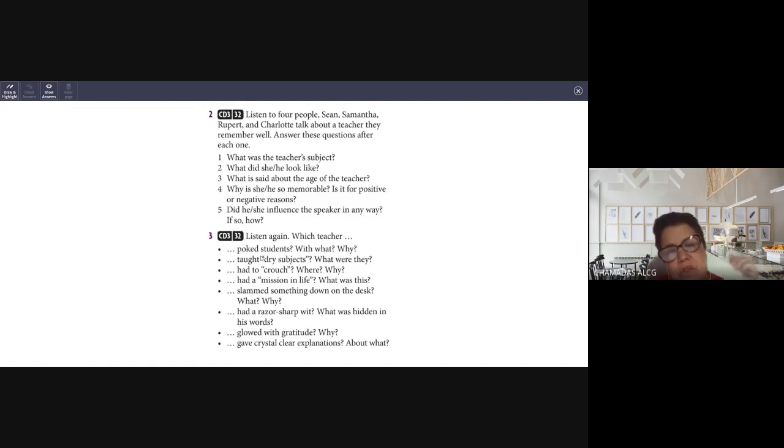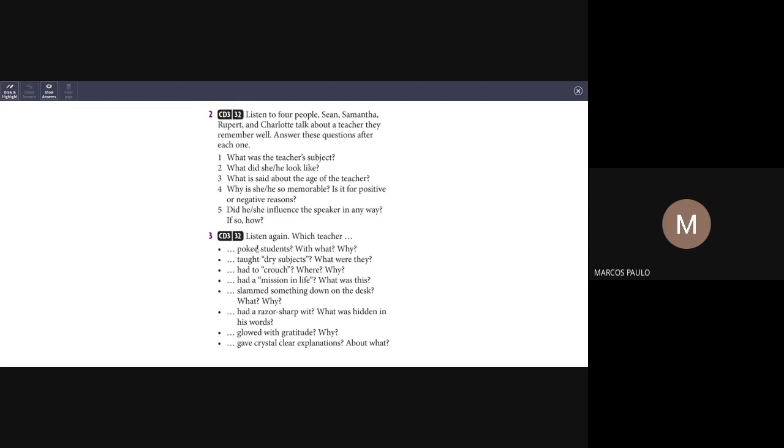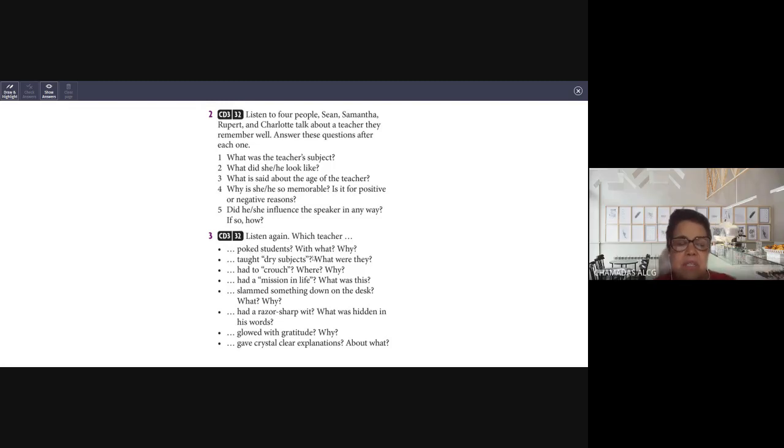In the past, cutucava ou cutucou. To poke. Poke is a verb, to poke without D, right? To poke is the same as cutucar. Okay? So in the past, which teacher poked students with what?